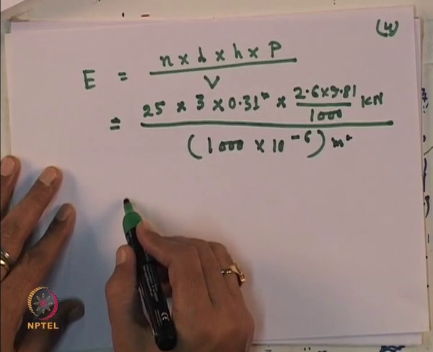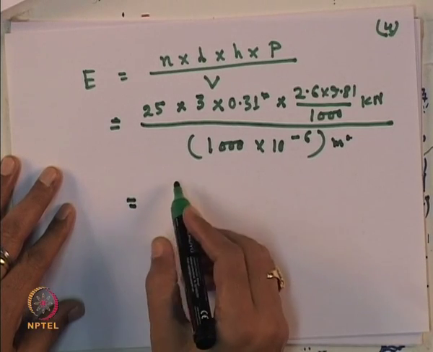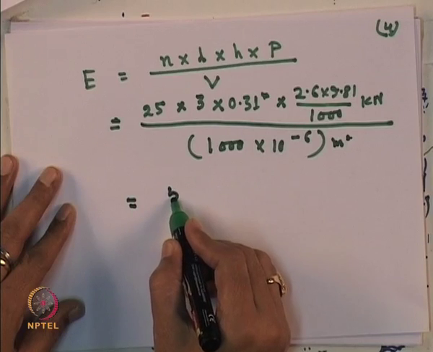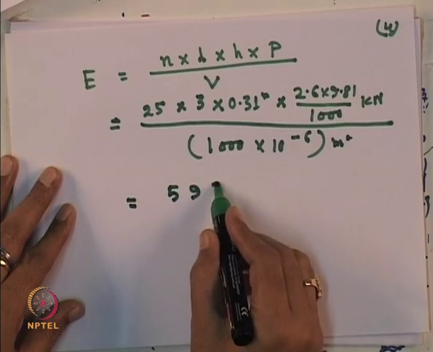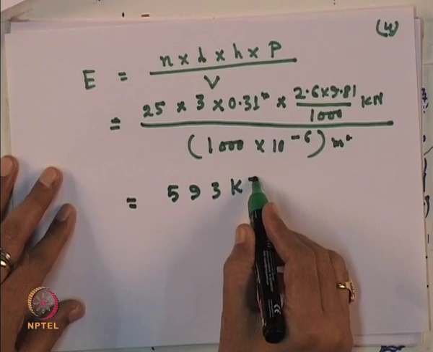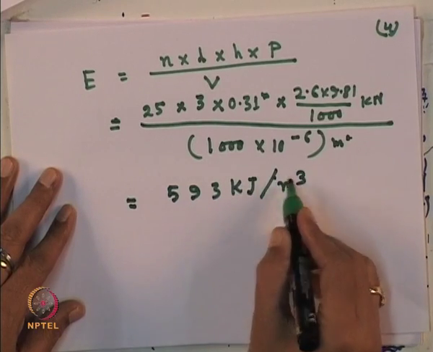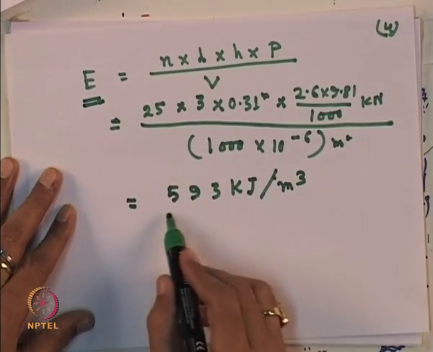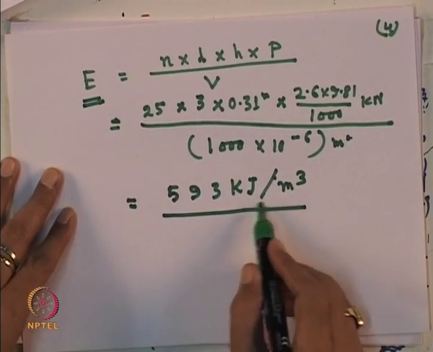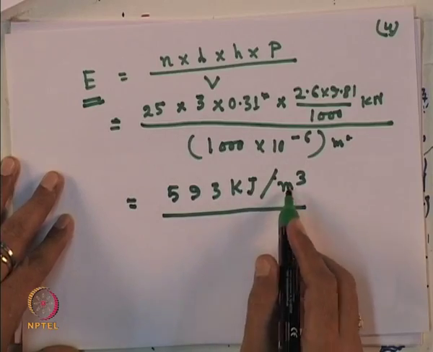So, if you calculate, you will have 593 kilojoules per meter cube. So, for the standard Proctor test, the E value will be 593 kilojoules per meter cube.